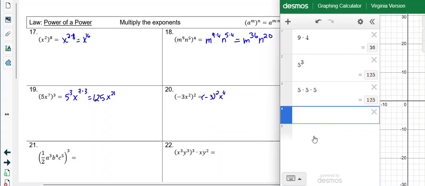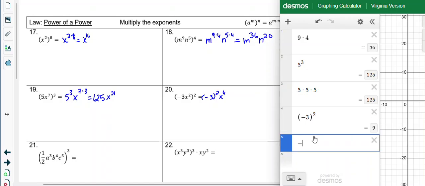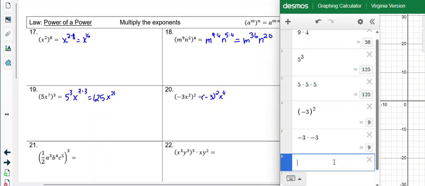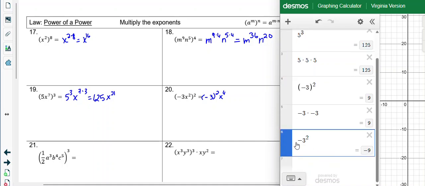Now, make sure to put negative 3 and then close parentheses and put the 2 on the outside like that. It's positive 9 because this is doing negative 3 times negative 3, which is a positive, so the negative goes away. Because look, if you don't use parentheses, negative 3 to the power of 2, it doesn't catch the negative, and then it doesn't calculate it.